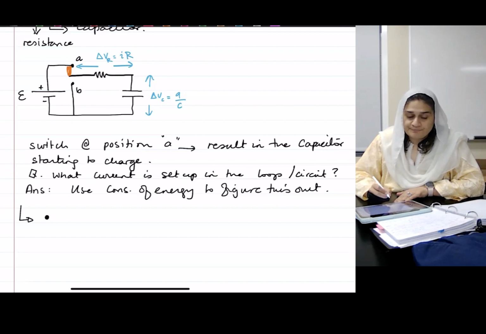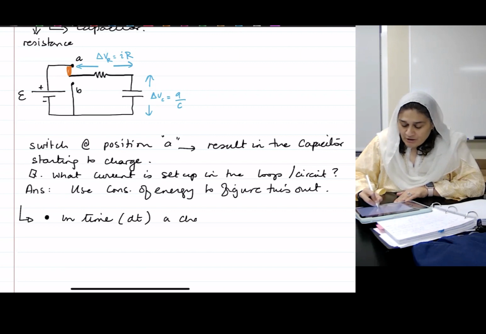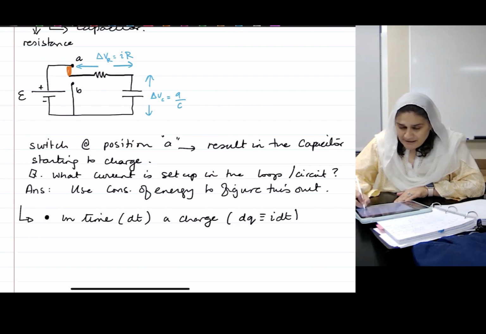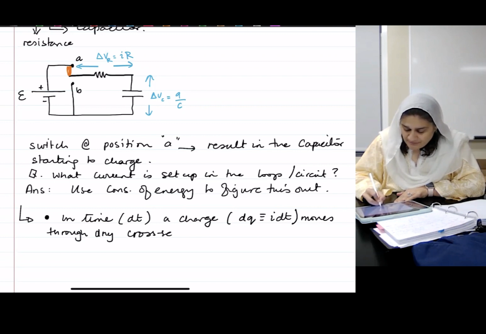First of all, I'm going to assume that in time delta t, a charge equal to dq defined by I dt moves through any cross section of the circuit.